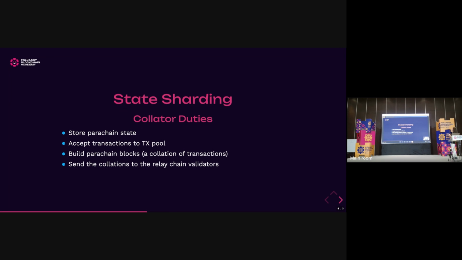And what are the actual duties of your collator nodes? As I mentioned, the main thing they do is store the parachain state. They are the custodians of the state. They're also listening and maintaining a transaction mempool.